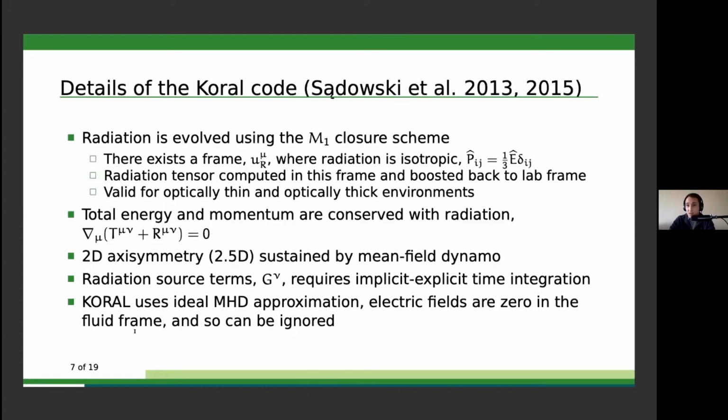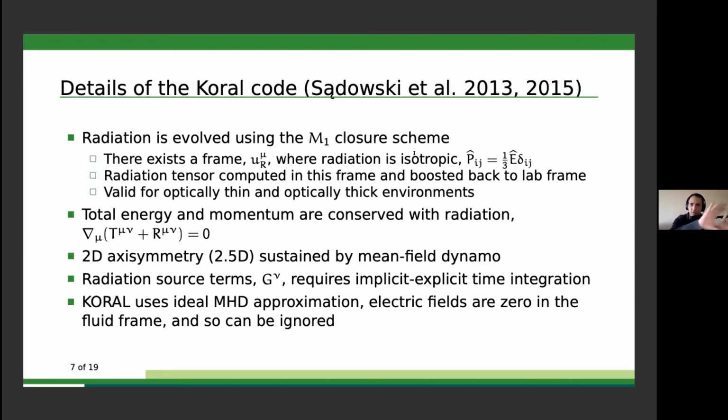Some details of the specific code I'm using. So I'm using Coral. This was developed by Sadowski, and the code evolves radiation using the M1 closure scheme, which basically says that we evolve radiation as a fluid, and we assume that there is some frame of reference where the radiation tensor looks isotropic.